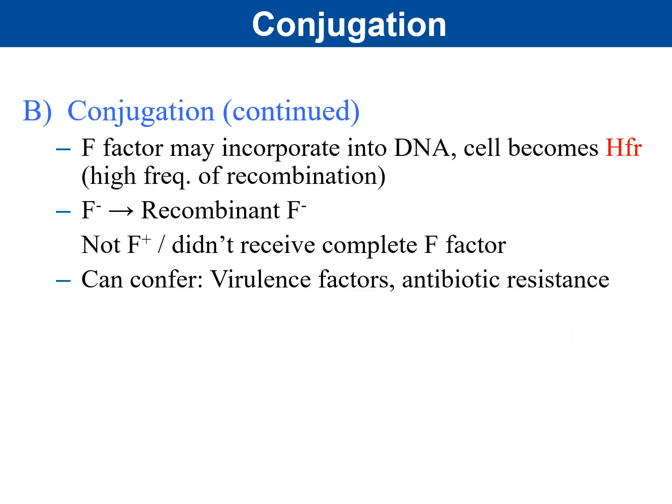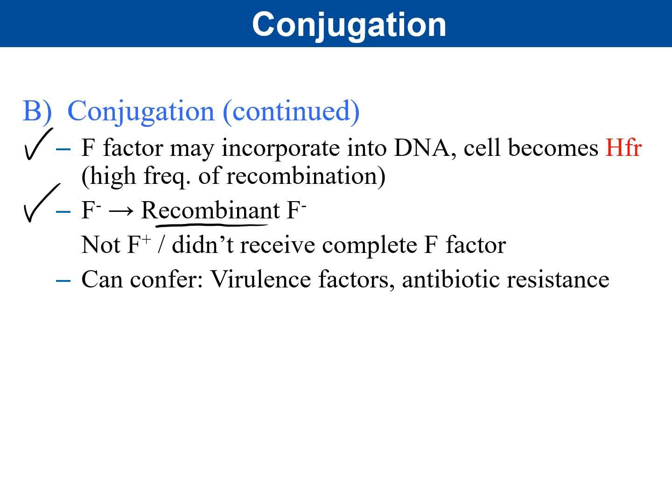So in summary, conjugation involves an F factor that might incorporate into the DNA, and if so, the cell becomes classified as HFR for high frequency of recombination. F minus cells stay F minus, but they may have received new genes, so they are referred to as recombinant F minus. This is because they didn't get the whole F factor, so they're not F positive, but they still evolve.